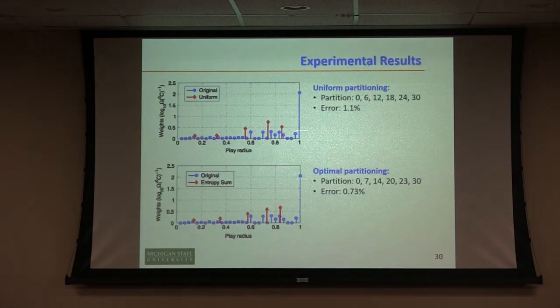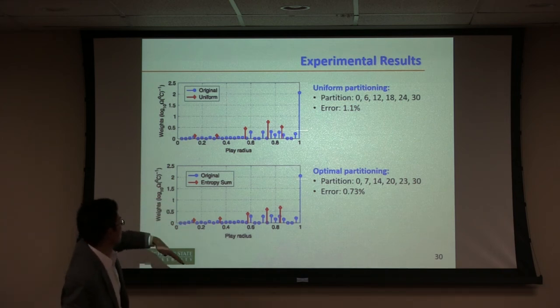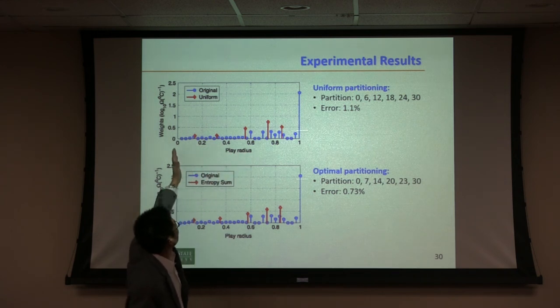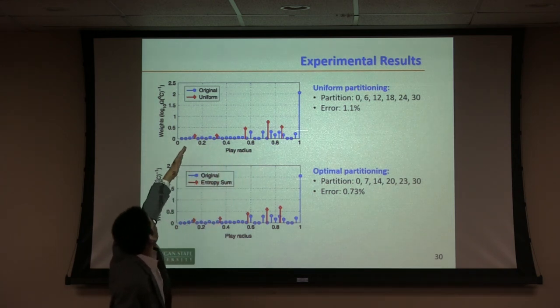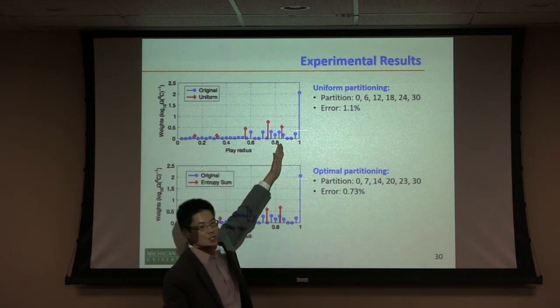And then we start to compare with the uniform partitioning as well as optimal partitioning. So you see these blue dots are the original weights across 30 of these plates. And this is the final selection by the uniform partitioning.